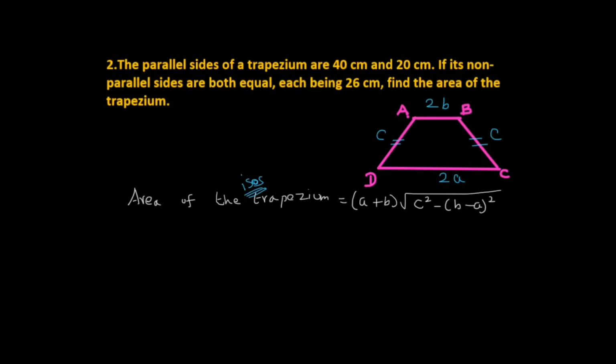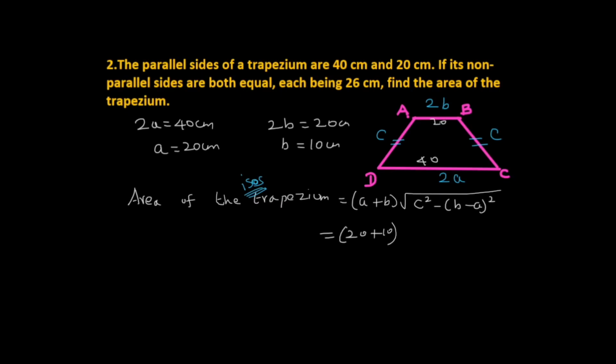So what about our a? If the longer side is 40 and the shorter side is 20, which means 2a is equal to 40 centimeters, our a is 20 centimeters. 2b is equal to 20 centimeters, our b is 10 centimeters. That is 20 plus 10 times the square root of c, which is 26 centimeters, given. The non-parallel side is 26 centimeters, given in the question.